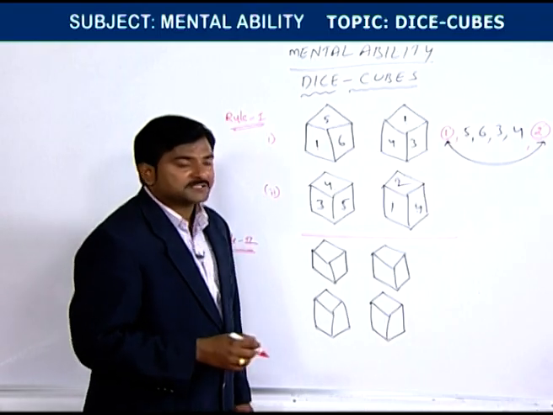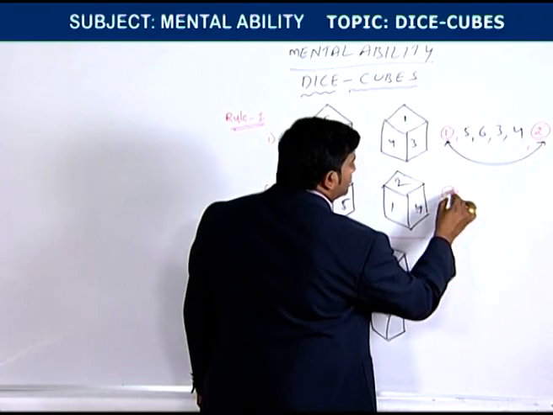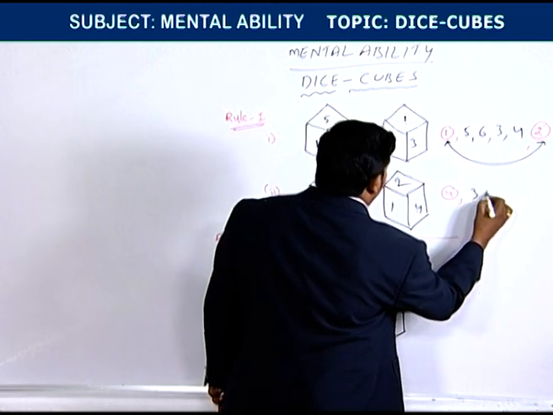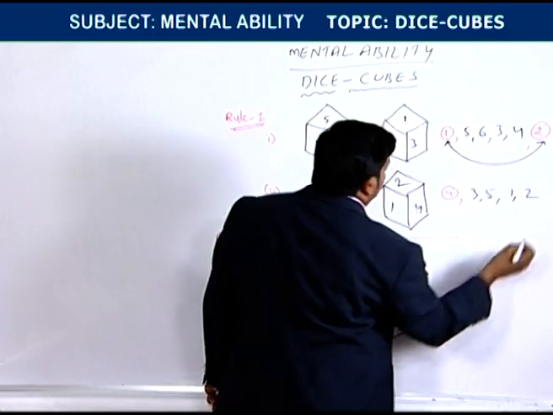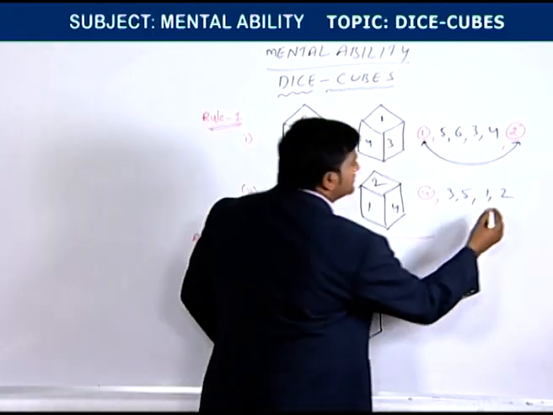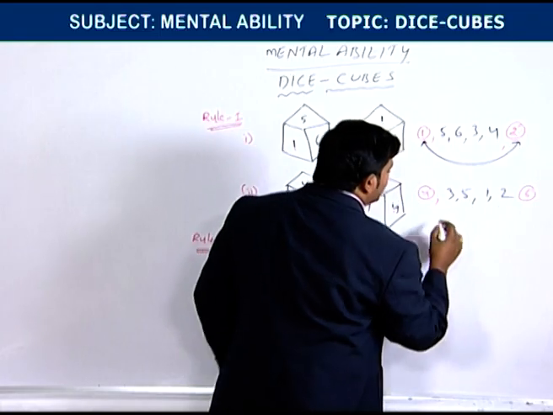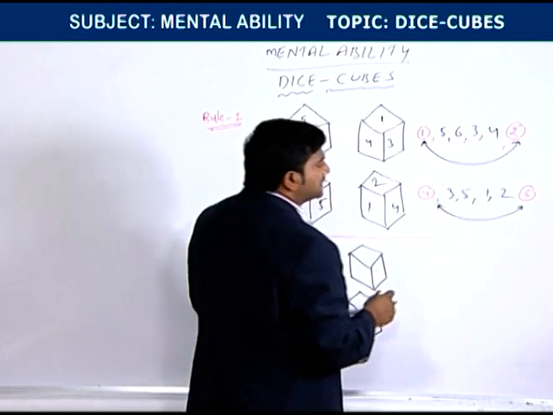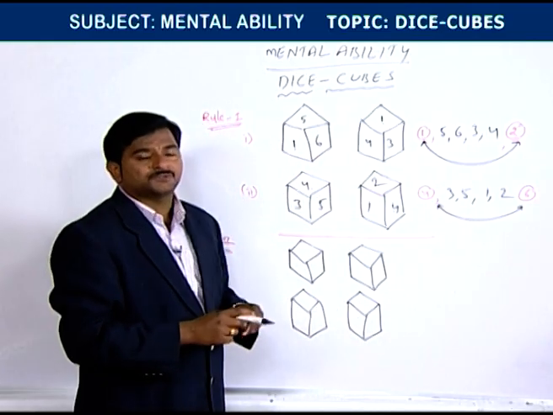Write all the numbers adjacent to 4. What I am getting? 3 comma 5 comma 1 comma 2 I am getting. One number left. So which number is not appearing here? 6 is not appearing here. What we can say? These 4 and 6 are always opposite to each other.